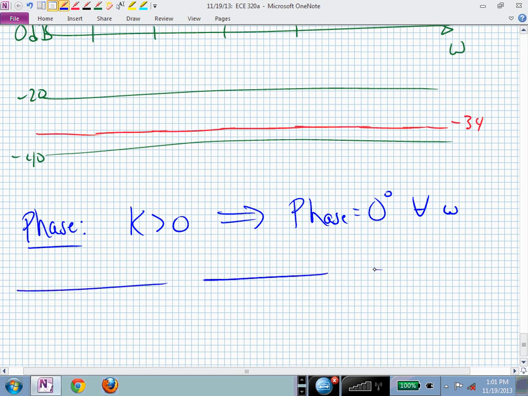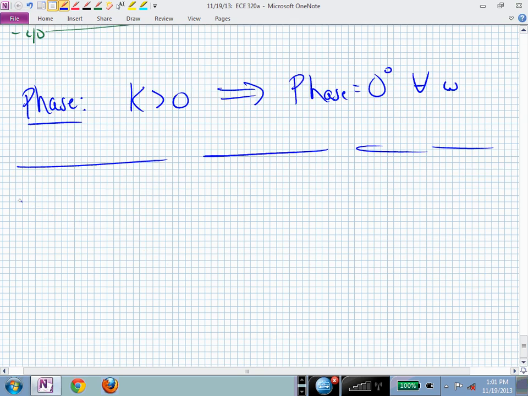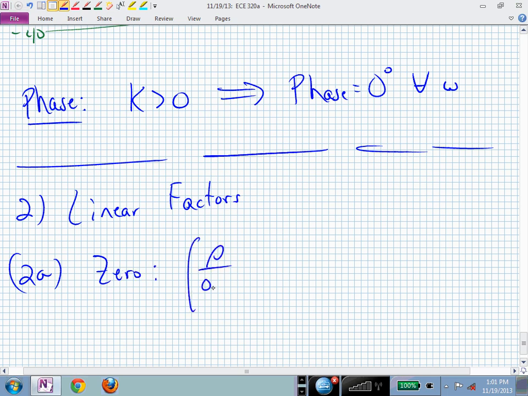Let's now look at some of these linear factors. I'll call this one 2a and say this is our 0. Our 0 was this factor s over 0.1 plus 1, which we are trying to sketch as we're walking up the imaginary axis.